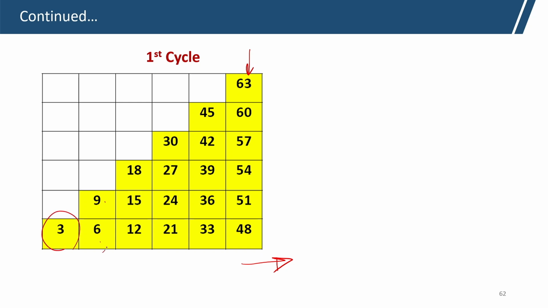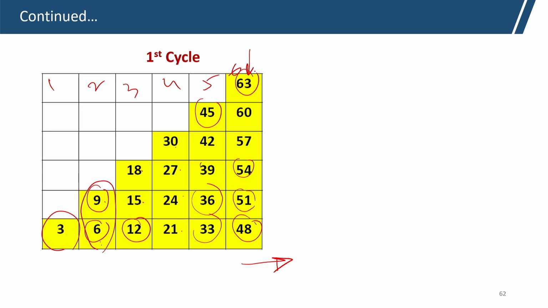Then the chambers 1, 2, 3, 4, 5, 6. Chamber 2 will have 2 such units. So, 3 plus 3 is 6, plus 3 is 9 minutes required. Then chamber 3 will be there, 9 plus 3 is 12, 15, 18, 21, 24, 27, 30, 33, 36, in this way up to ultimately 63.